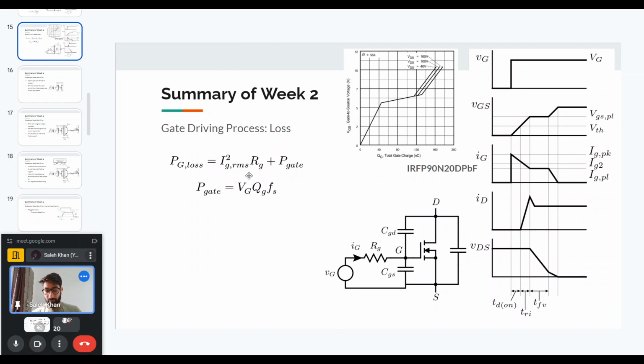And then there is some power required to charge and discharge the MOSFET, and that can be calculated from the total gate charge, the QG value, and you also need the voltage. So once you have these two values and then the switching frequency, you can find out the power required to drive the MOSFET.